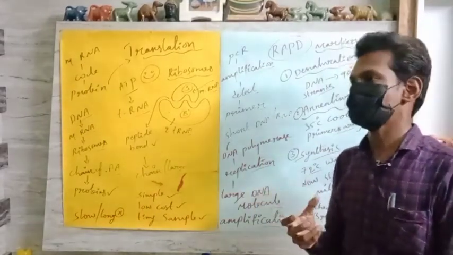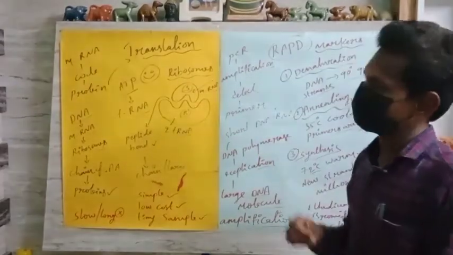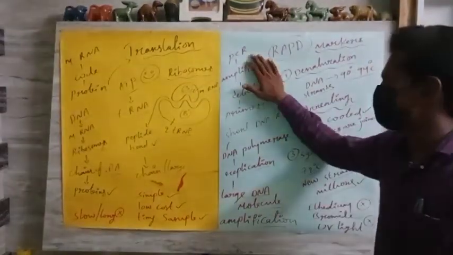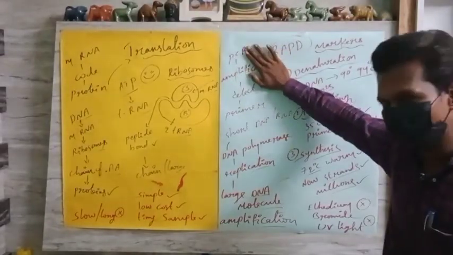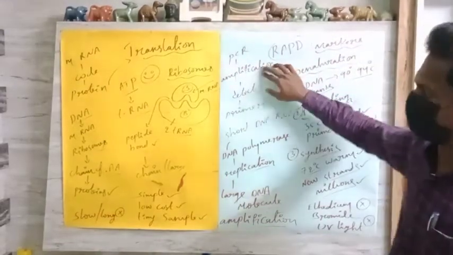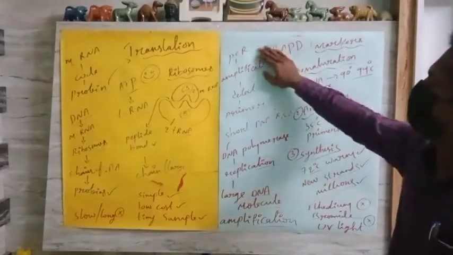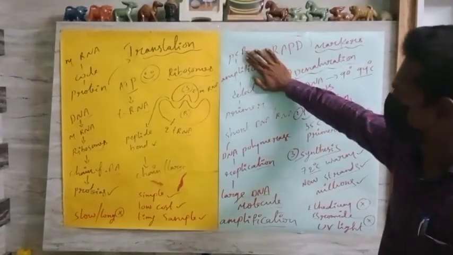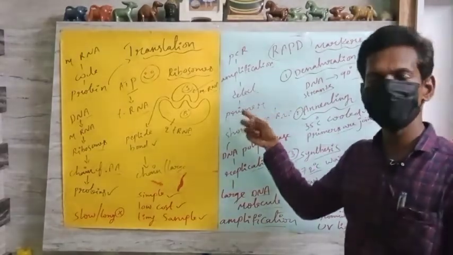In AIDS patients, to detect the HIV virus, the ELISA test is performed. That test is purely based on the polymerase chain reaction, PCR. So here amplification is nothing but detection. These RAPD markers are beneficial and used in PCR amplification to detect the primer.